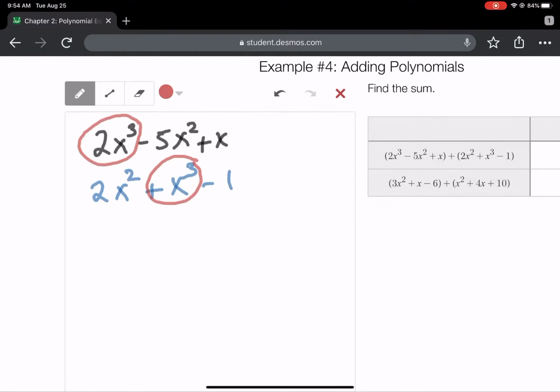So I have 2x to the power of 3 and 1x to the power of 3. So all I do is add the coefficients, the numbers in front. So that's going to give me 3, 2 plus 1. And then I leave the same variable and exponent. The only thing that gets added are the numbers in front of the variables.